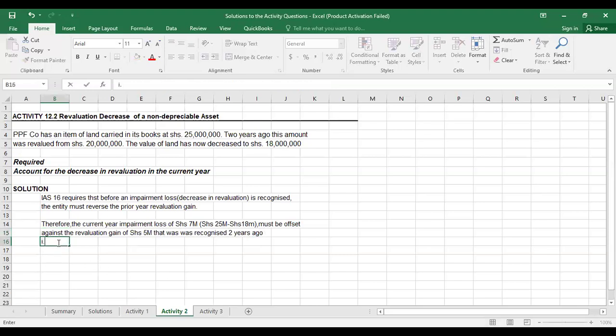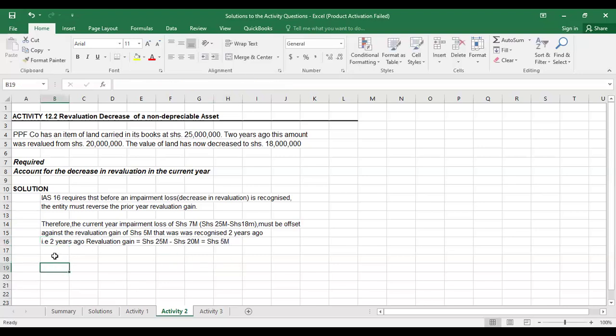That is, two years ago, the revaluation gain is equal to 25 million shillings minus 20 million, which is equal to 5 million.